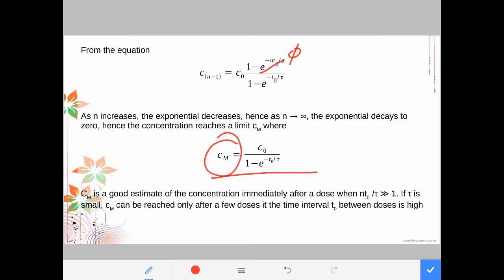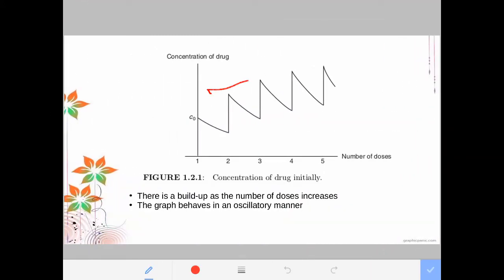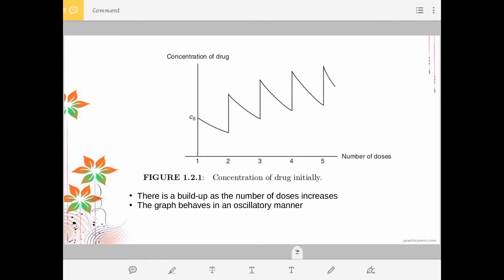So this limit can be used as a good estimate for the concentration immediately after dosing. Because if you look at our graph, this is our limit. This limit is attained every time we administer the next dose.